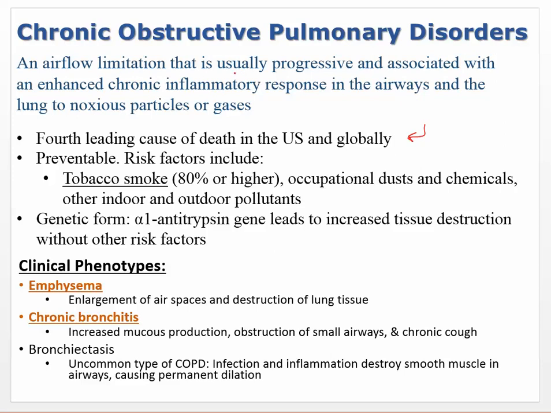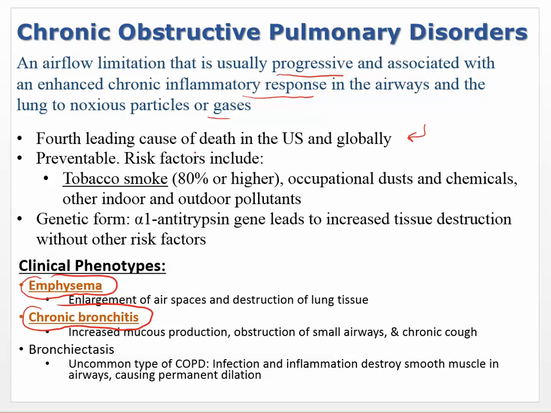An airflow limitation that is usually progressive and associated with enhanced chronic inflammatory response in the airways and the lung to noxious particles or gas. Okay, it's an airflow limitation, and to really understand what COPD is, we need to talk about the little subunits of COPD, which really come down to emphysema and chronic bronchitis.